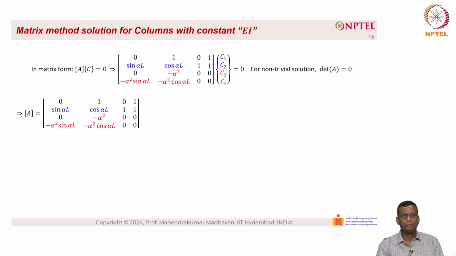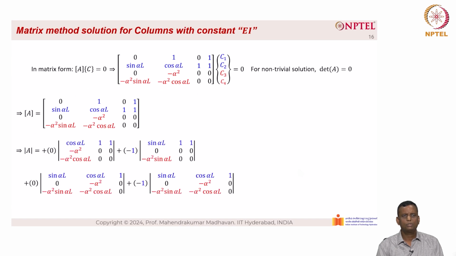So when we expand this matrix, we can expand it from the top row. We also know that it starts with plus. The first row, first column is plus, and then it goes to the next column, it becomes minus. The third column becomes plus, and then the fourth column becomes minus. When we expand it, we have to follow the sign convention, which is something that you should have learned in high school. So we have the determinant A equal to plus 0 into the minor with rows cos alpha L, 1, 1; minus alpha square, 0, 0; minus alpha square cos alpha L, 0, 0.